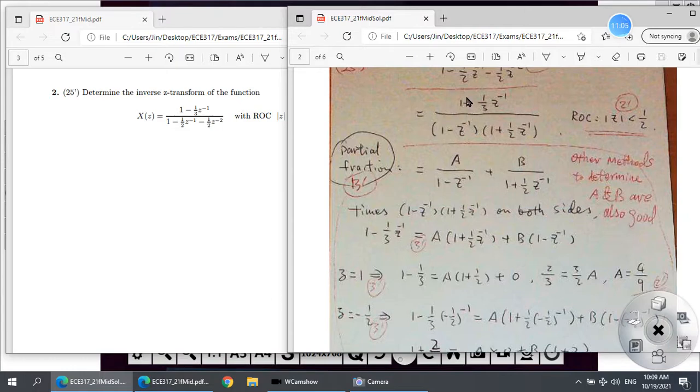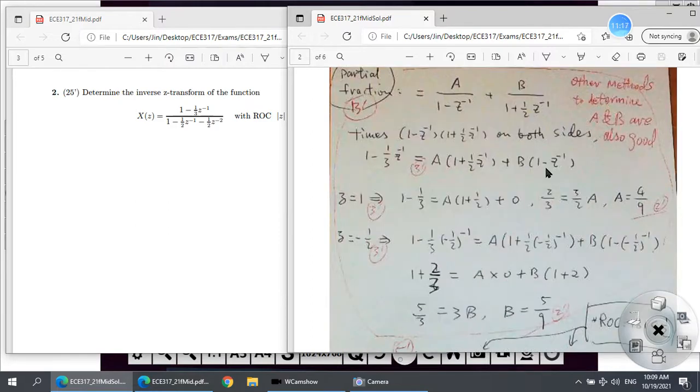Then we have this equal to A times 1 plus half z to the -1, plus B times 1 minus z to the -1. So you can choose different z values, plug in, then you can have A and B. I choose z equal to 1 or z equal to negative 1/2, and I can have A and B.